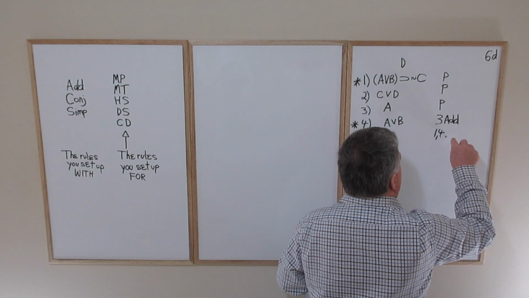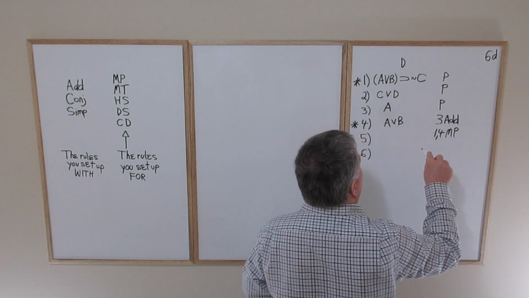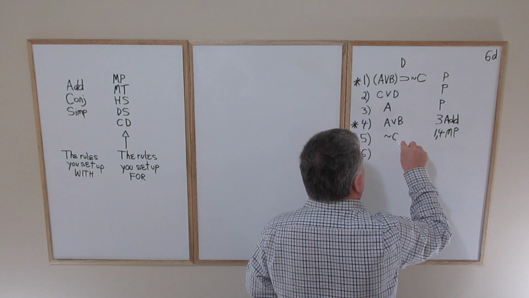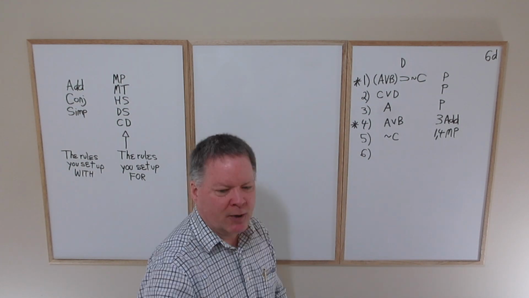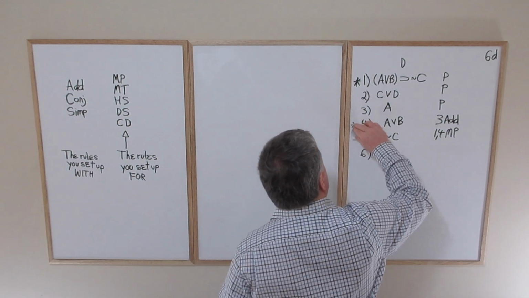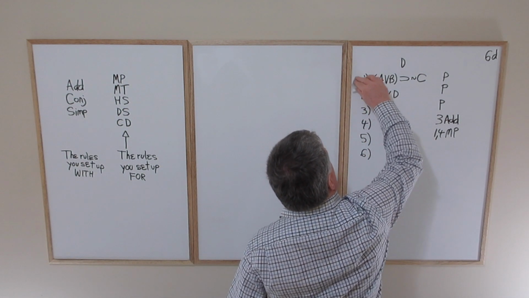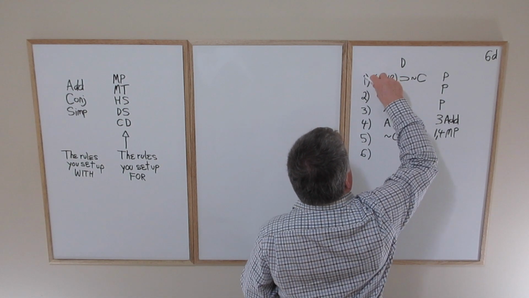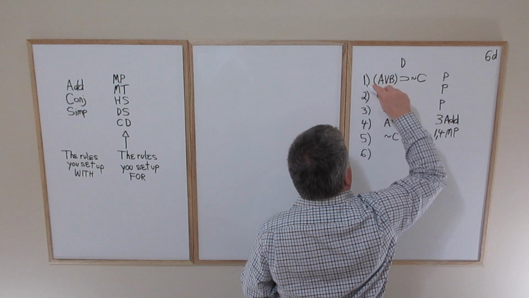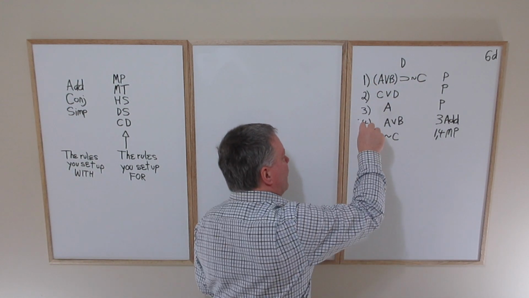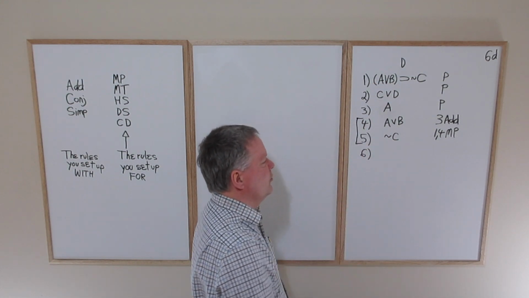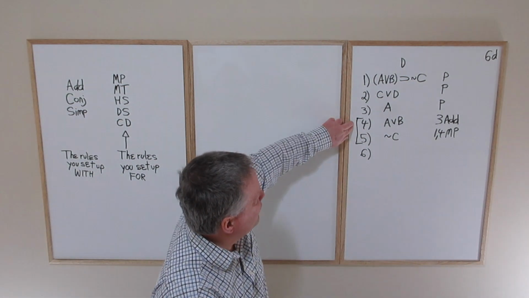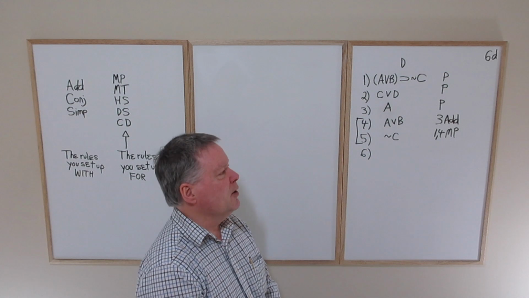So, 1, 4 modus ponens entitles us to validly derive the consequent of the conditional in line 1, namely tilde C. So you can think of this as sort of a 2-line stage. We have the setup and then the rule employment.